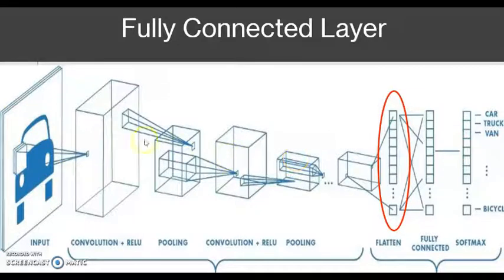So from the earlier stages, the convolution, pooling and so on, we are getting the feature map, or extracting the features from the image. Then in this stage, the fully connected layers, we are classifying the image and giving a label to the image, and this happens based on the training data.